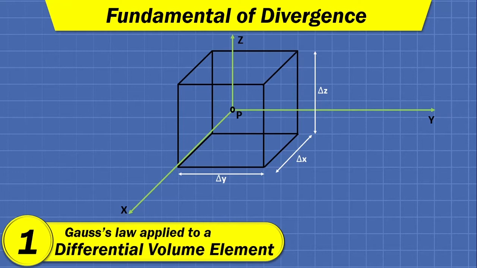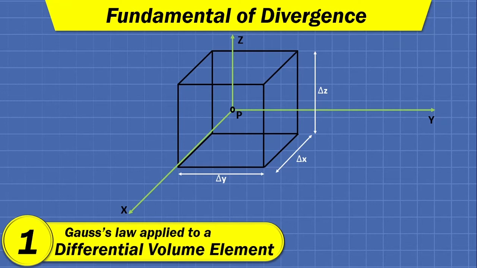As you can see, I have taken a differential volume element in the Cartesian coordinate system, which has sides delta x, delta y and delta z. These lengths are very small, and at the center of this differential volume element I have marked a point P. I have also taken the same point P as the origin of my Cartesian coordinate system. These two conditions must be clear in our mind before starting the derivation.